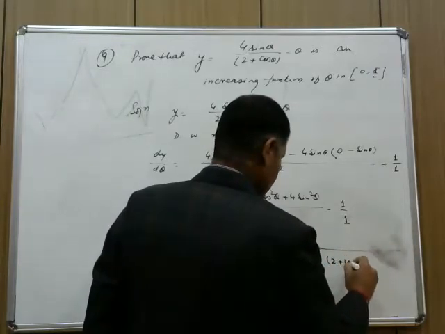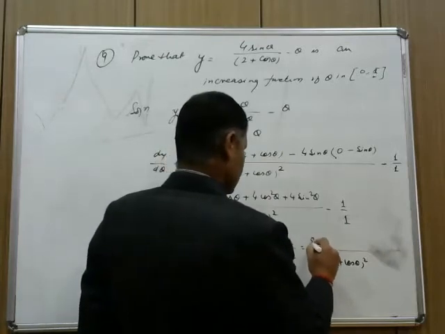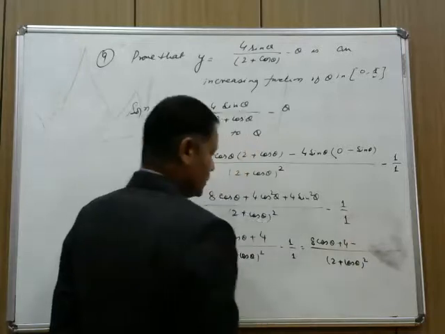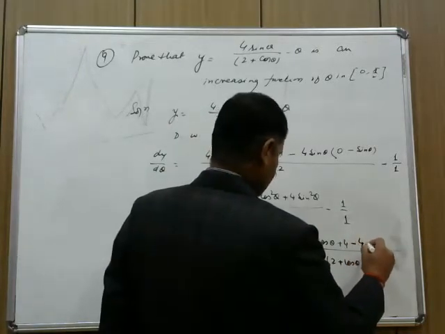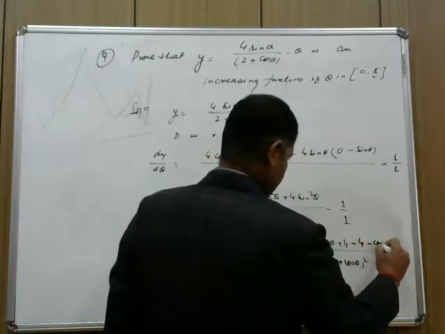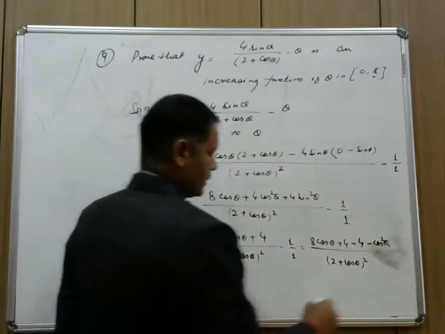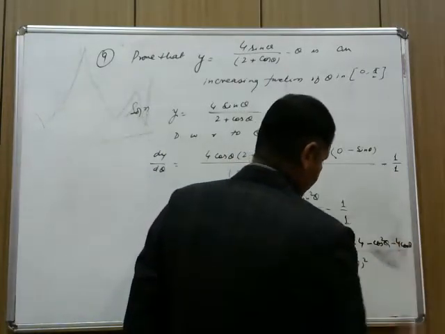2 plus cos theta whole square, this will give you 8 cos theta plus 4 minus 2 plus cos theta whole square, that means a square plus b square plus 2ab, 4 cos theta, minus 4 cos theta. We will have minus 4 cos theta.